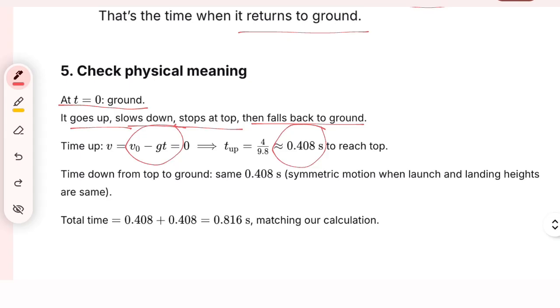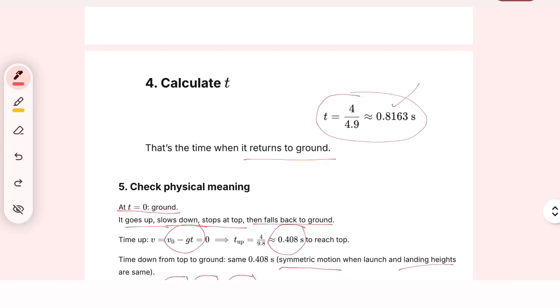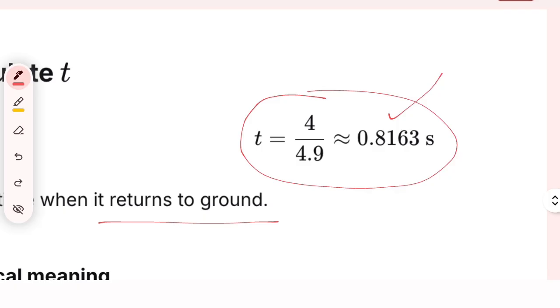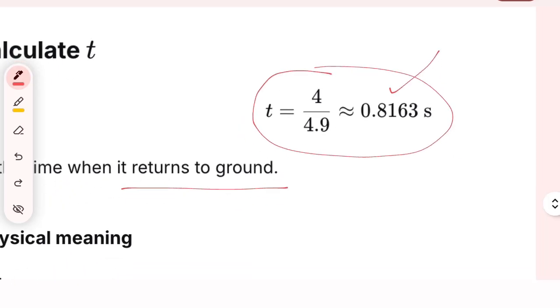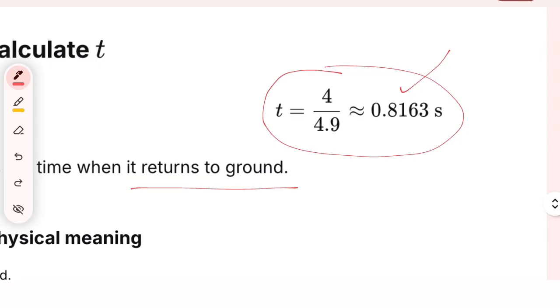And since it's actually a symmetric motion, the heights are the same, and therefore the time would also be the same. So this is the time it takes to go up, and the time for it to go down, and the total time is 0.816 seconds, which is the time that we actually computed, 0.8163 seconds. So that is the time for the ball to travel from the start until it goes back to the ground.